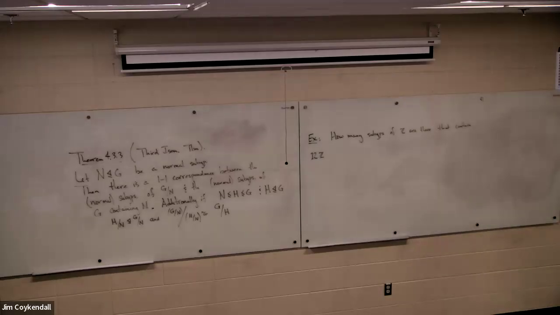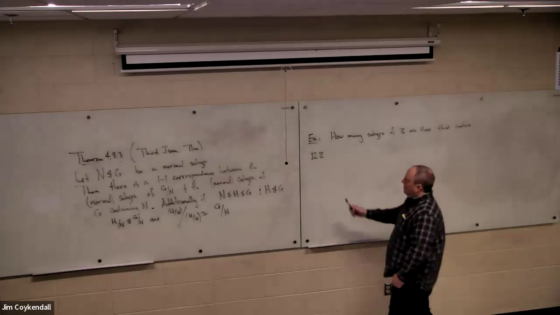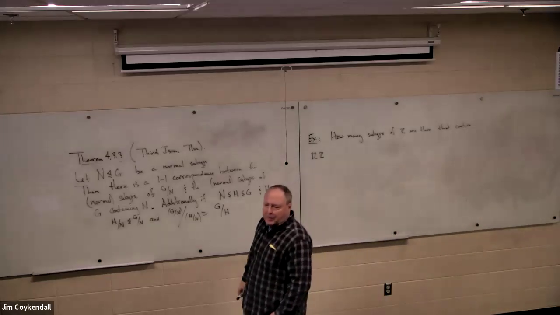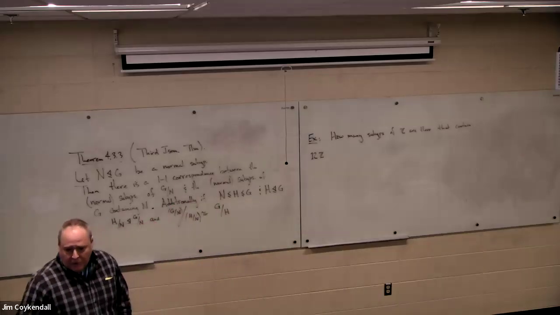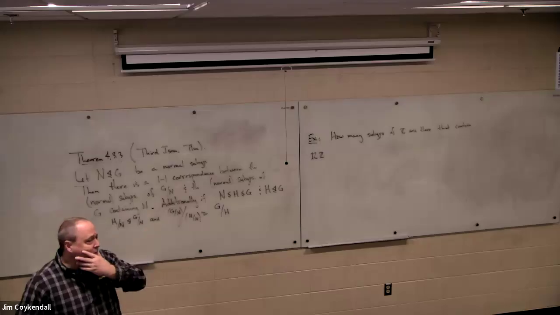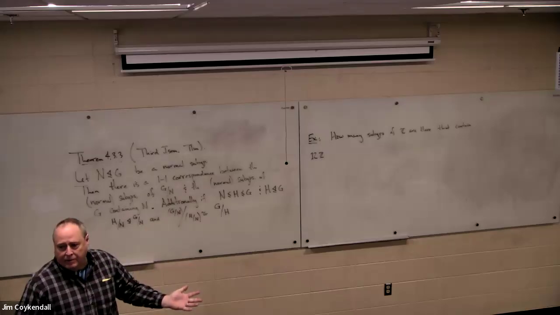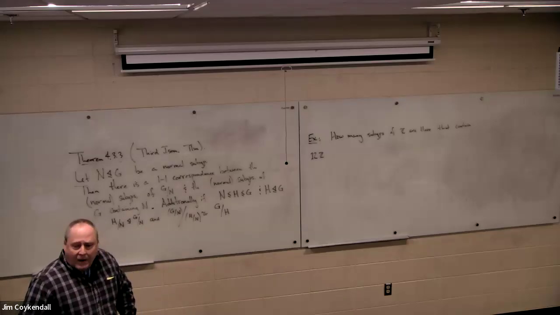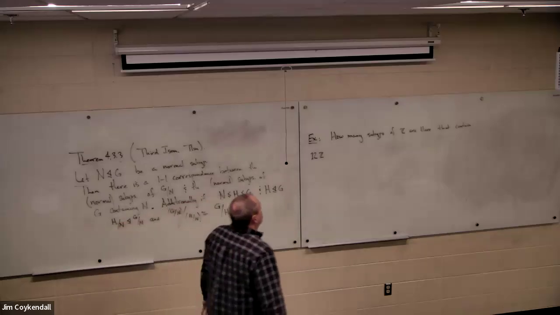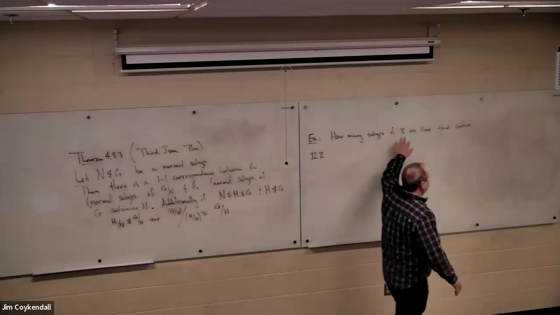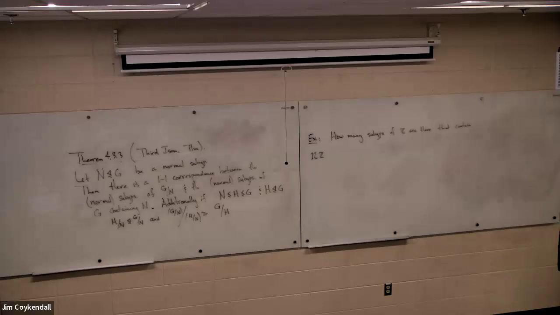Take the ordinary integers, that's a group. Now take the integers that are a multiple of 12. That is a subgroup, it's just every multiple of 12. My question is, how many subgroups of Z are there in between 12Z and the parent group Z?